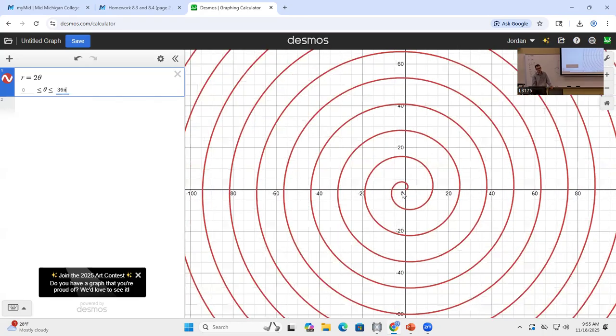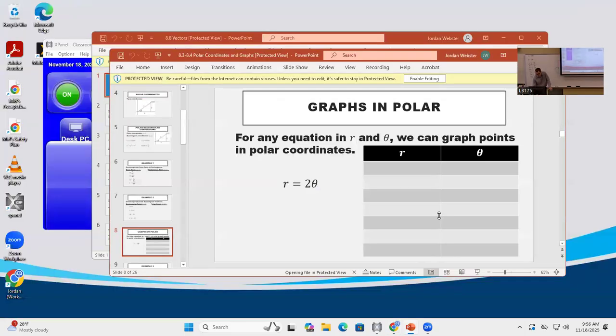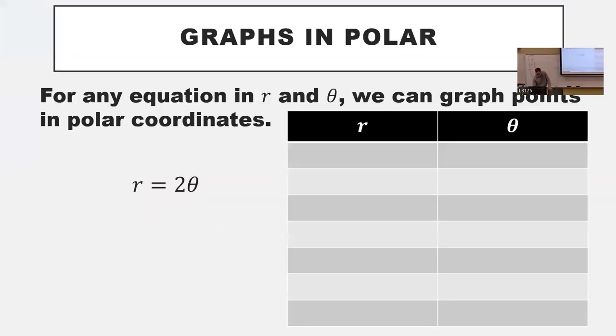But you can see that if we go to infinity, then we get an infinite spiral pattern. Does that work? So we can graph these things in Desmos, and we'll see a little bit later. We can also graph these things with graphing calculators. Right.